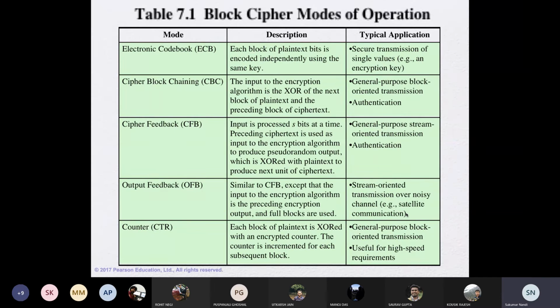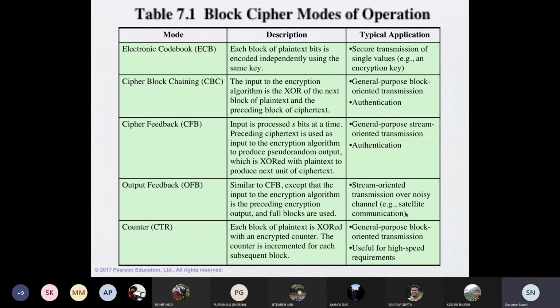Cipher block chaining is used for general purpose block oriented transmissions, meaning a series of blocks being transmitted. CBC is also used for authentication purposes. We will see that in subsequent classes. CFB is cipher feedback mode. It is similar to cipher block chaining.